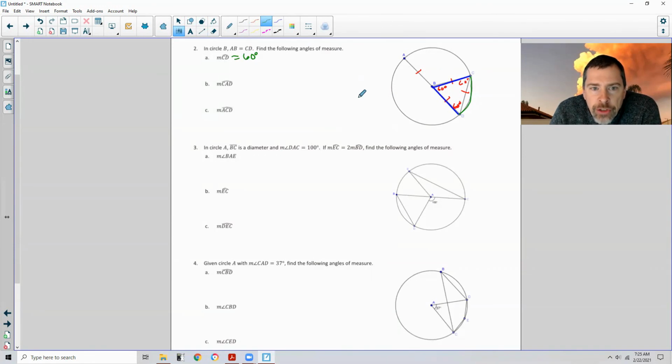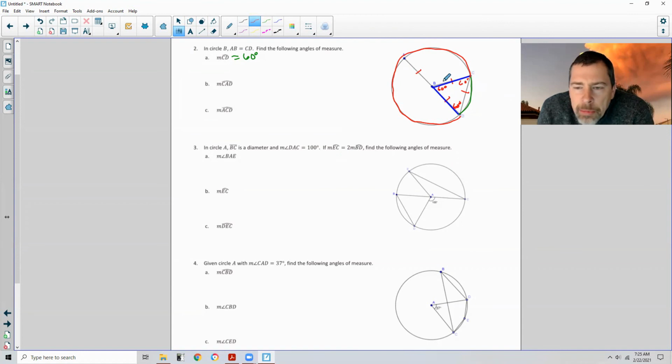The measure of major arc CAD, which is all the way around this way. Okay, that's the major arc that supplements. Would it be supplements? Adds up to 360. No, it doesn't supplement or complement. It adds up to 360. So if this is 60 degrees, then this is 360 minus 60, which is 300 degrees.